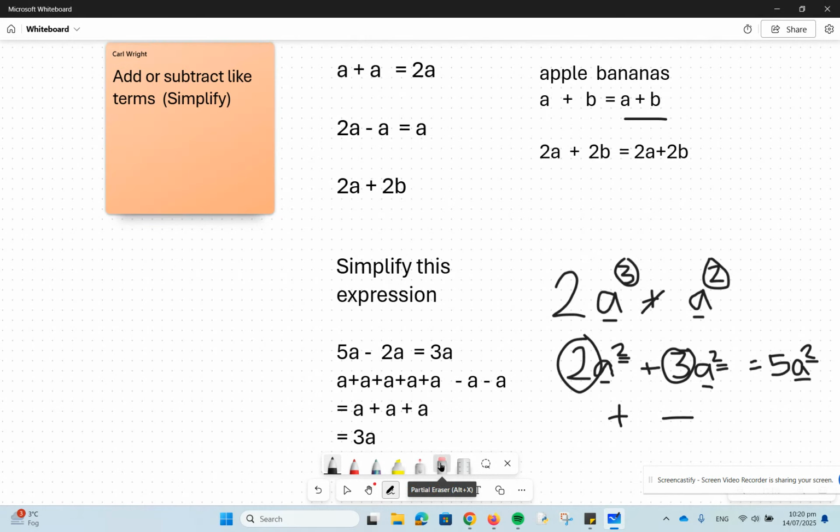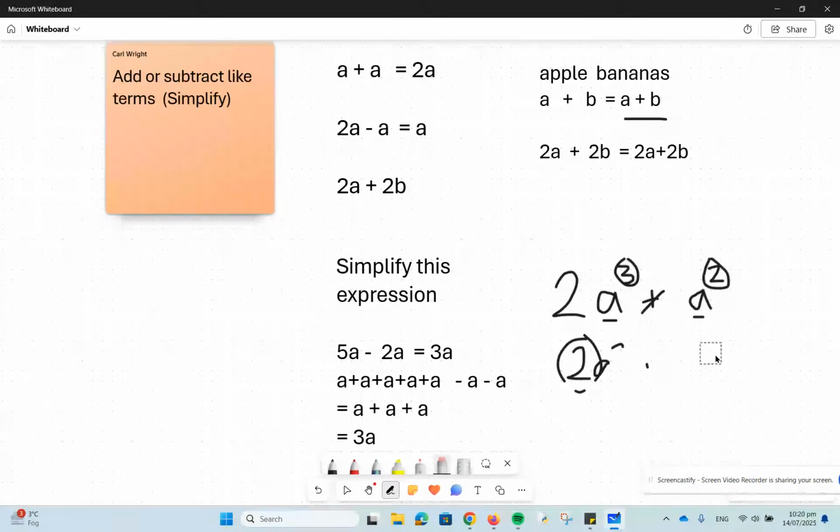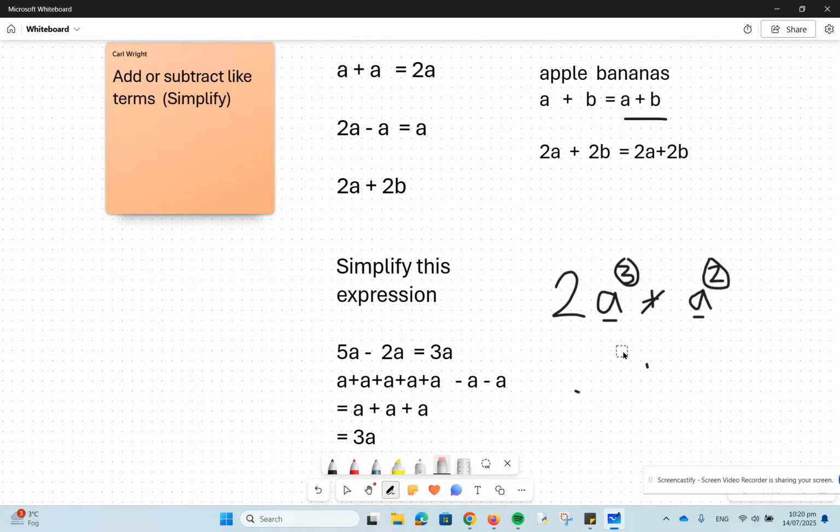Okay, and let's try, as I said, the hardest type of one you'll get, and see if you can work it out. If you can do this one, you've got the idea of it, and you can completely get 100% in a test when you're adding or subtracting, because it'll be easy peasy. So I'm going to work with x's this time.